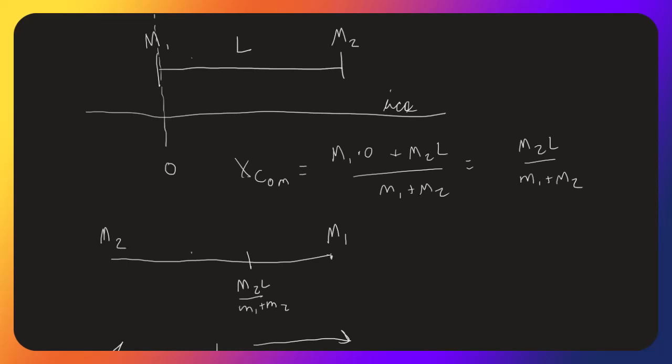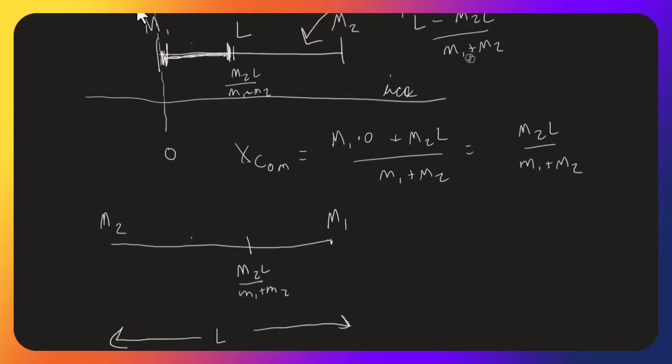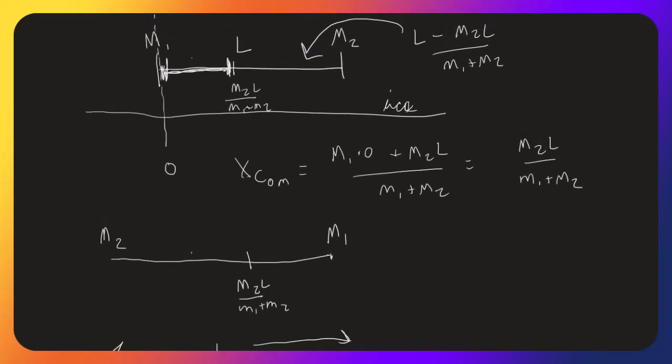Now if we go back and look at our original drawing, we don't know where the center of mass is, but we know it is at m2 L over m1 plus m2. And if we called that 0, that's what this distance is. This distance has to be L minus m2 L over m1 plus m2. That's just the distance.